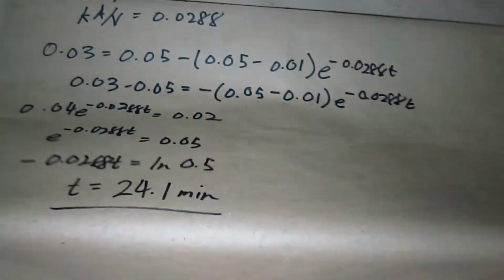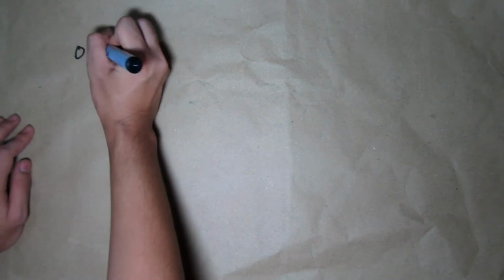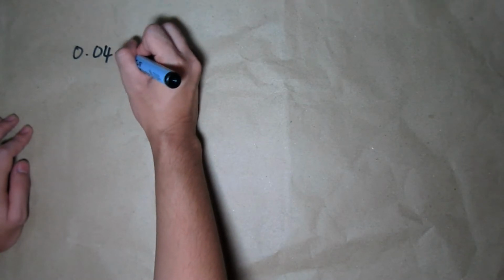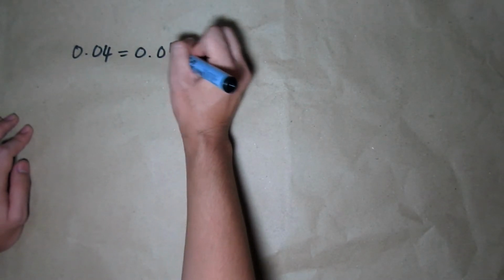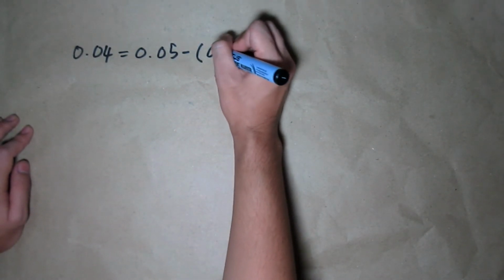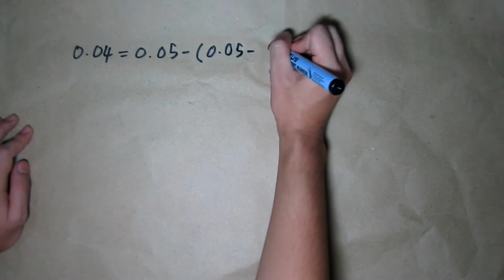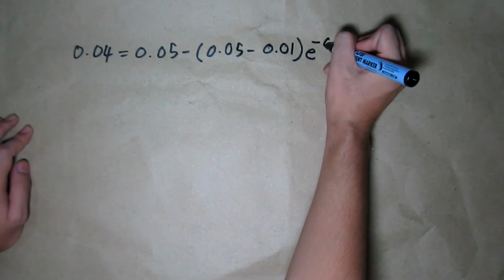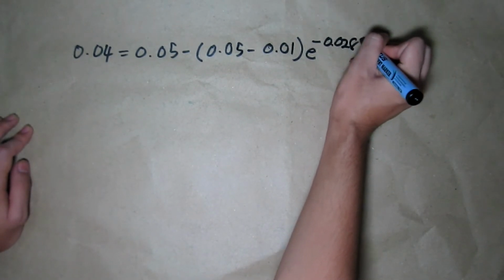So, using the same process, we have 0.04 is equal to 0.05 minus the quantity of 0.05 minus 0.01 e raised to the negative 0.0288 t.